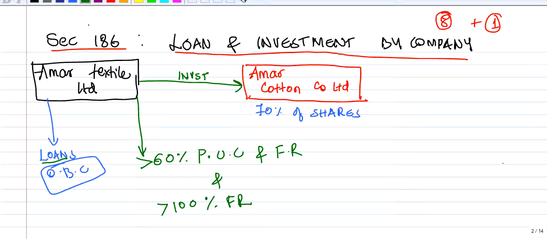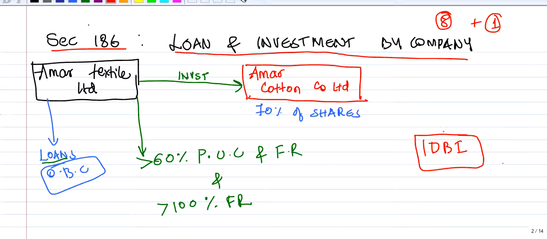In the course of its business requirements, Amar Textile Limited has obtained a term loan from Industrial Development Bank of India, IDBI. Is it a public financial institution? No, IDBI has recently been removed from the public financial institution list.